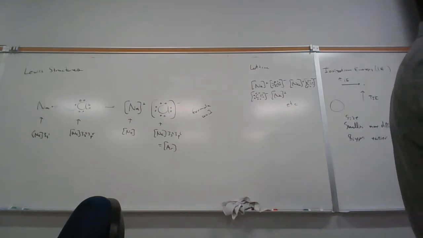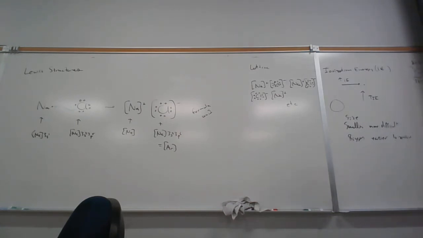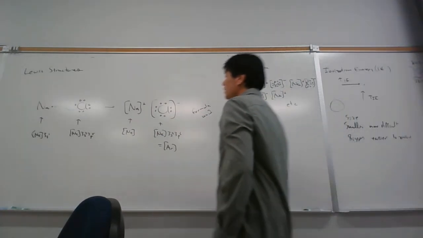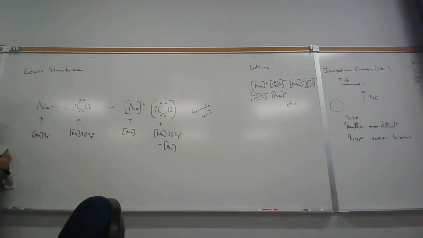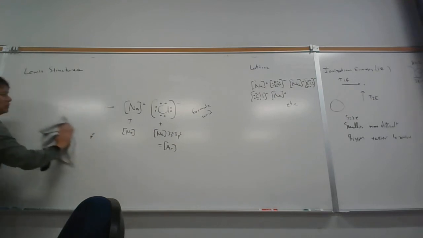Okay, but chlorine would like to have that, what we call the octet. And so chlorine has no problem taking an electron from sodium, but what if it tried to take it from another chlorine?